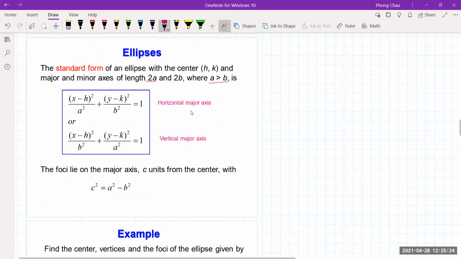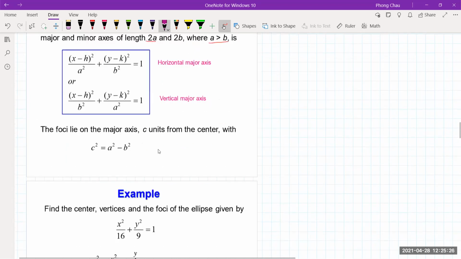Let's look at an example. Find the center, vertices, and the foci of the ellipse given by x squared over 16 plus y squared over 9. First you have to recognize whether it belongs to the first or the second form. And how do we know?